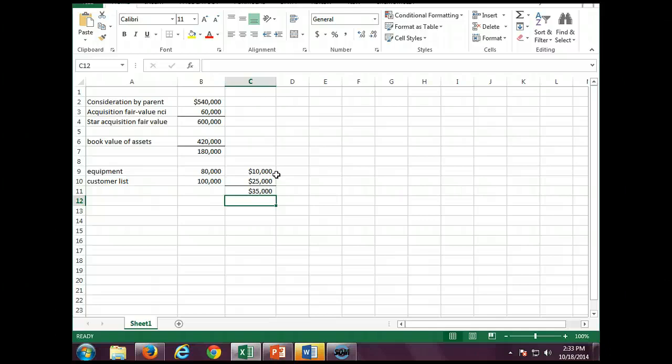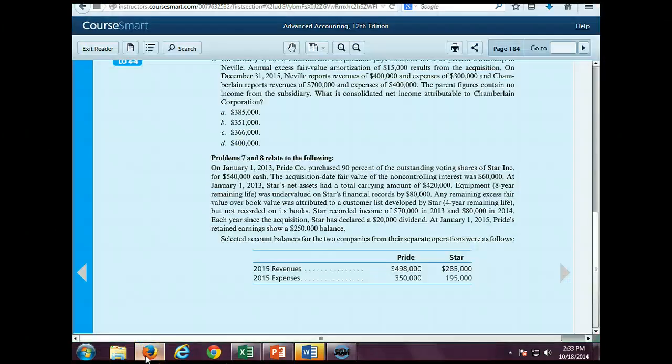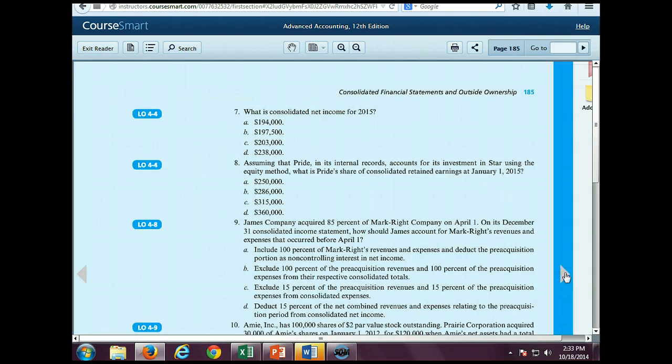So, how are we going to account for, let's just see what the question was. This one said, what is the consolidated net income attributable to Chamberlain? This one tells us, what is the consolidated net income? Period.